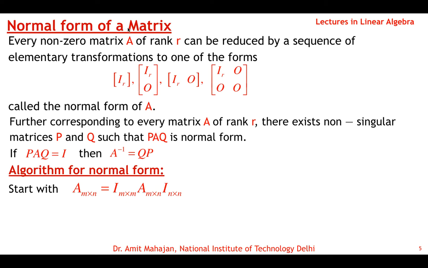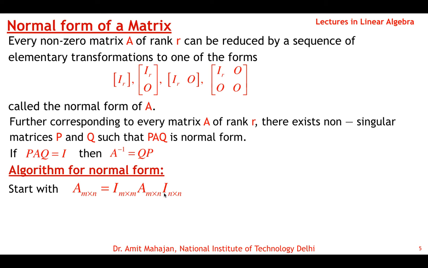So if you are given a matrix A of order m cross n, we start by writing this matrix A as I times A times I, and clearly A times I is A and I times A is also A, so they are equal. The pre-matrix identity depends on how many rows there are, and the post-matrix identity depends upon how many columns there are.